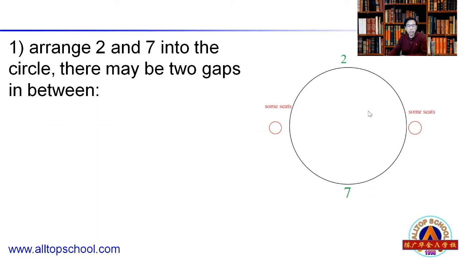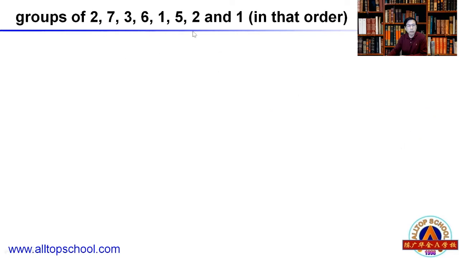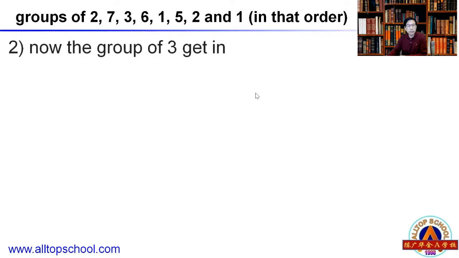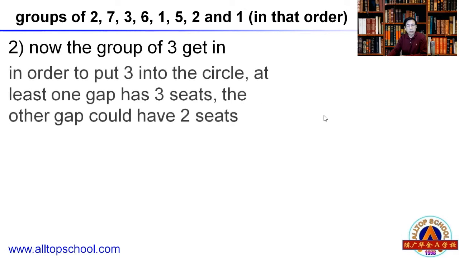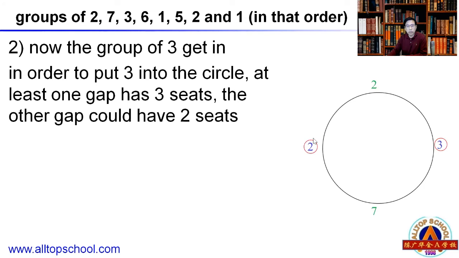So that means to this point, this is for the next group of people to sit in, either here or here. Now, let's take a look at the next group of 3. For these empty seats, at least one of the 2 gaps must have 3 seats in order to seat these 3 people. The other gap could have 2 seats.